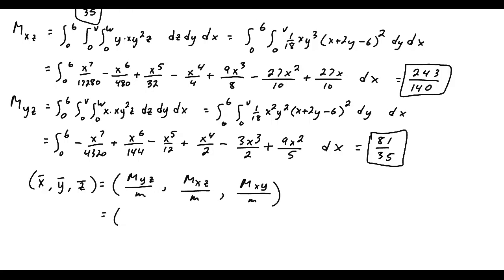So dividing each of those values that we've already found, the center of mass is the point 3/2, 9/8, 1/2.